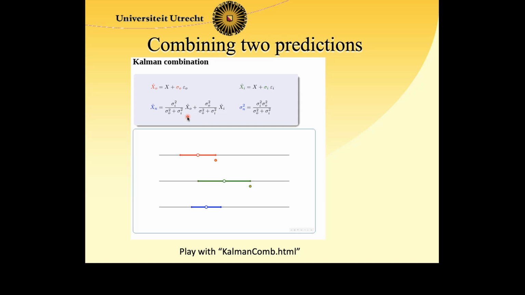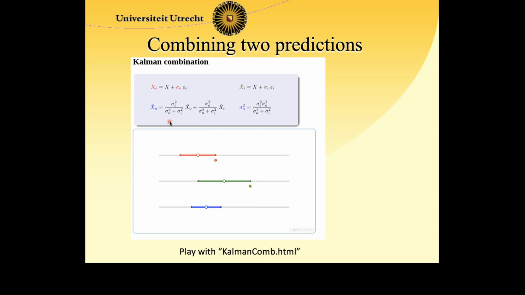Actually, you can also see that in the limit, suppose that the variance of I is infinitely large, you get infinity divided by infinity, which is 1. So xn will be equal to x0, because the green information doesn't add anything. It has an infinitely large variance.